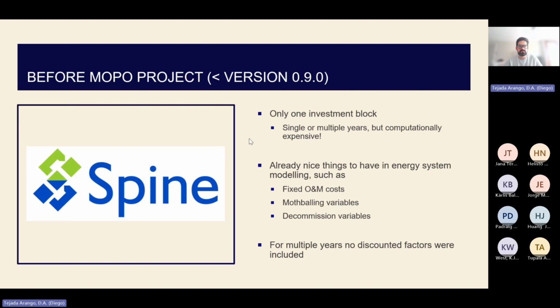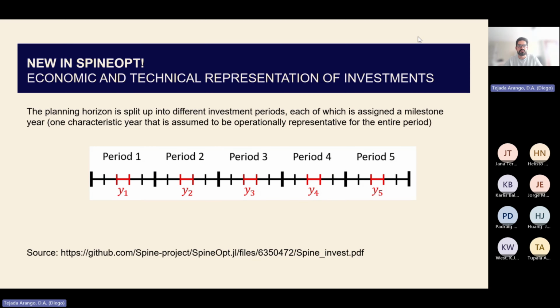And then during the project, we focused on the economic and technical representation of investments for multiple years. There is a document from KU Leuven that was the base of this work, which, it is fair to mention, was at the end of the previous European project.